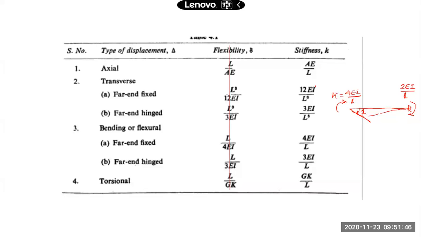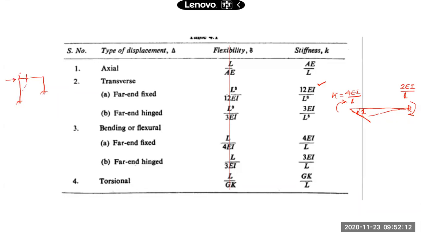These are some common equations we come across in the stiffness method. What we deal with is the transverse stiffness 12 EI by L cube. When I give unit translation, say in the case of a sway frame, what is the force required for that?